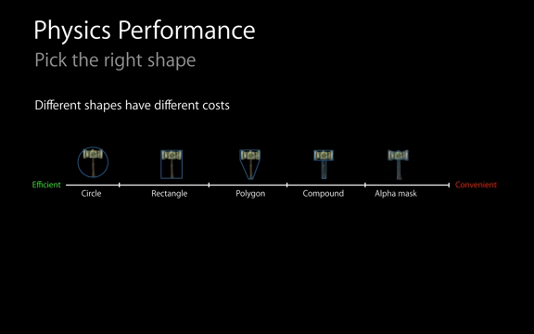And finally, there's the perfect pixel alpha mask bodies. These are potentially cheap. If it was a circle, it's going to be cheap, actually. But if it's got a convex or complex convoluted shape, there might be a lot of computation involved there, so just be careful with these.